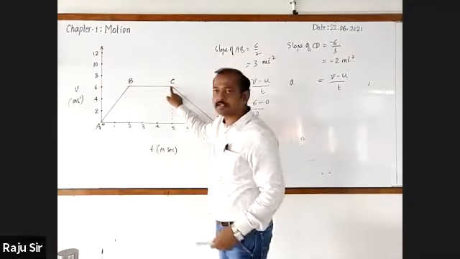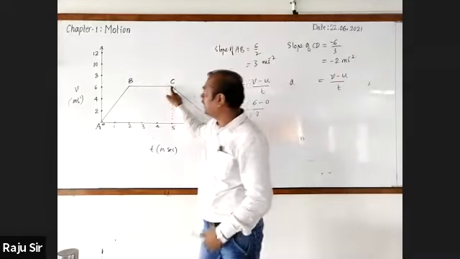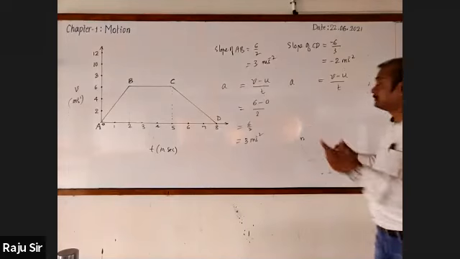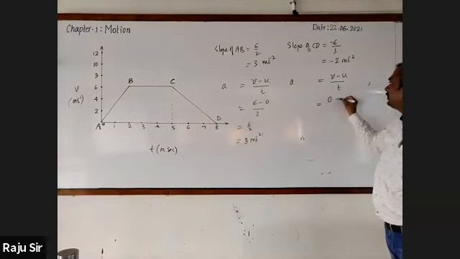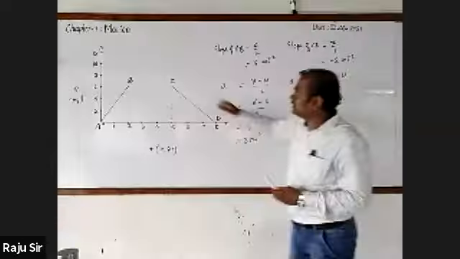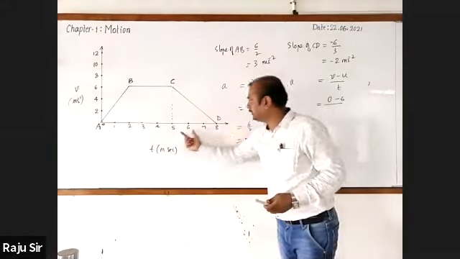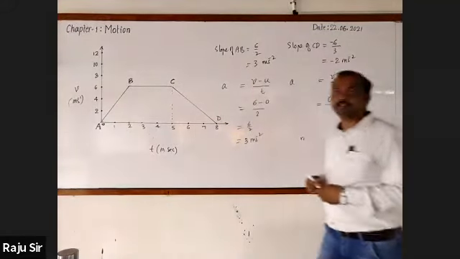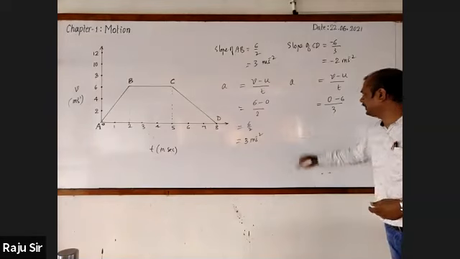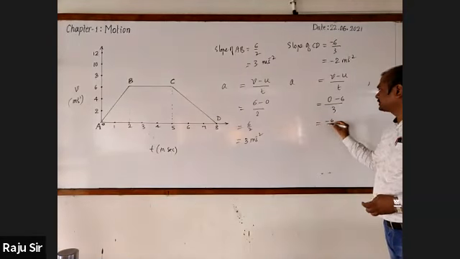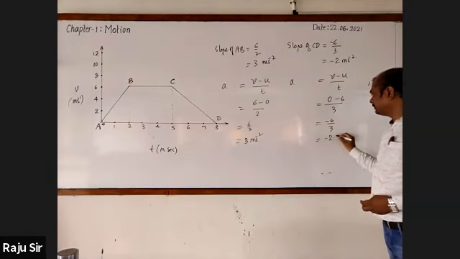Whereas initial velocity, at C, the velocity is 6 meter per second. Final is 0. Initial is 6. 0 minus 6. To change the velocity from 6 meter per second to 0, it has taken 3 seconds. 0 minus 6 is minus 6, by 3, it is minus 2 meter per second square. Clear? Yes, sir.